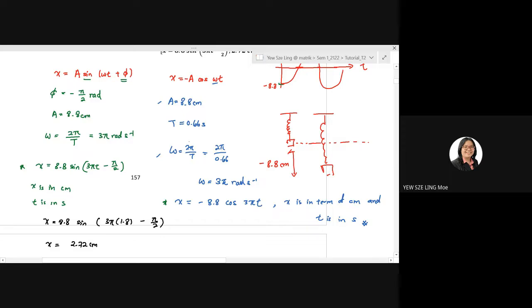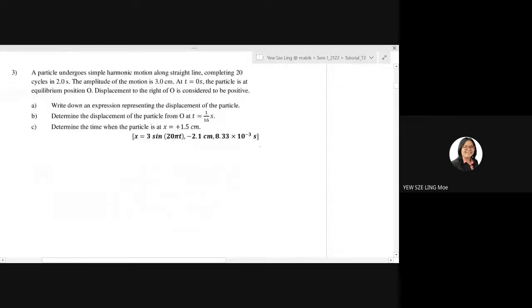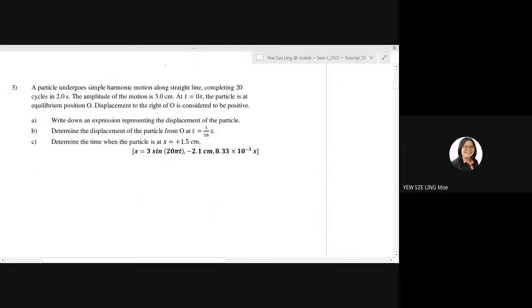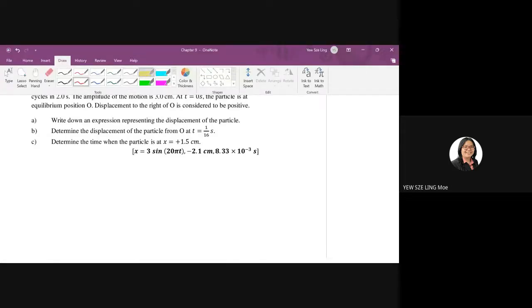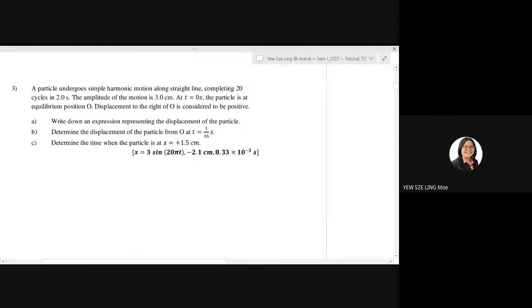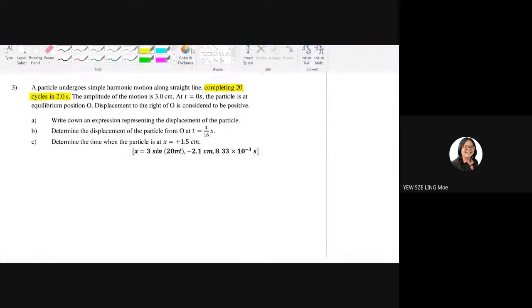All right, so let's proceed to the next question. A particle undergoes simple harmonic motion along a straight line, completing 20 cycles in 2 seconds. Now this phrase gives you hidden information, right? You complete 20 cycles in 2 seconds.